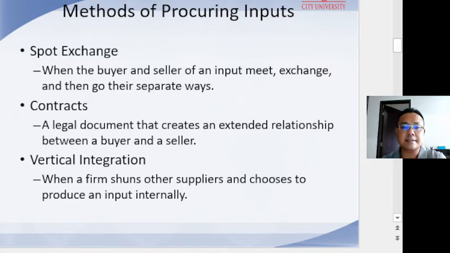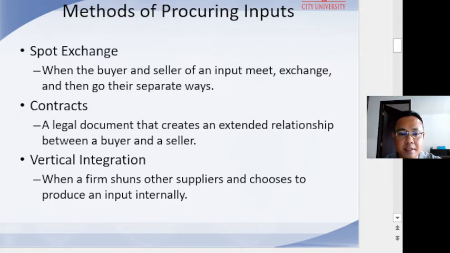The manager has three options: simply take a car to a firm that services automobiles and pay the market price for the services; second, sign a contract with a firm that services automobiles, and when a service is needed, pay the price negotiated in the contract for that particular service; or third, create within the firm a division that services automobiles. Each of these methods of servicing automobiles will generally imply a different cost function for producing car rental services. So the manager's job is to choose the method that minimizes cost.